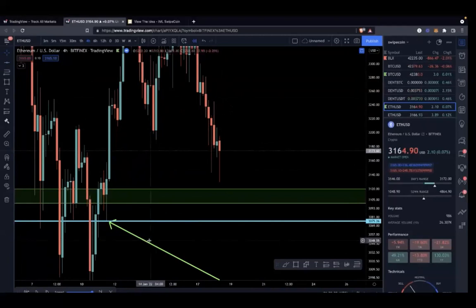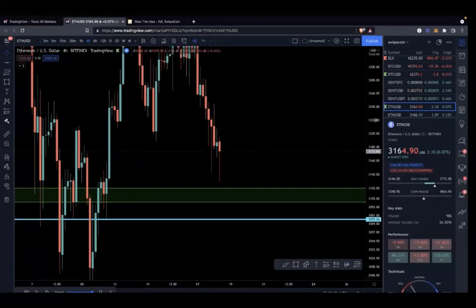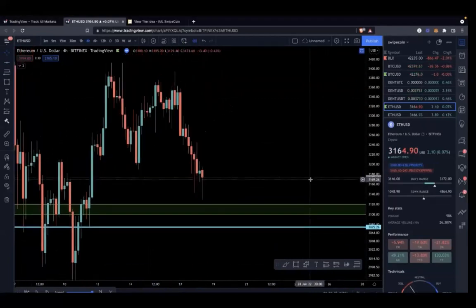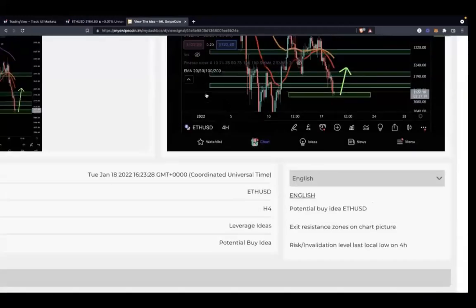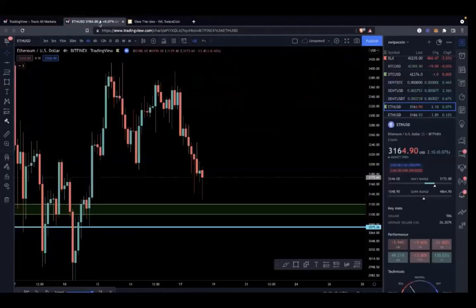Boom. So our last local low would have been 30.75, would have been our invalidation level, our risk level. But in this example, I could now actually put the line, whereas I sent it this morning, it didn't have the line. Does that make sense, everybody?